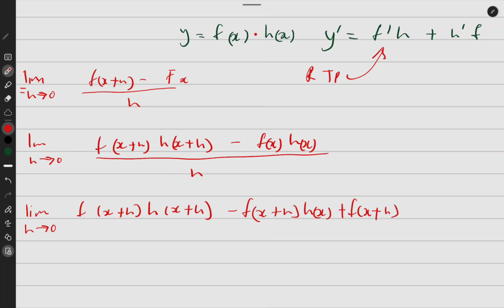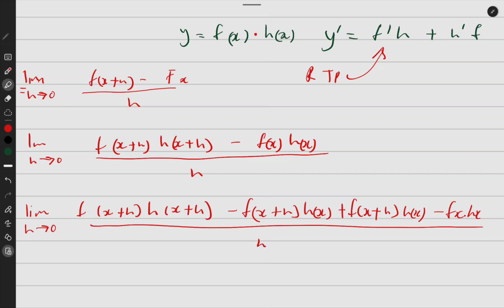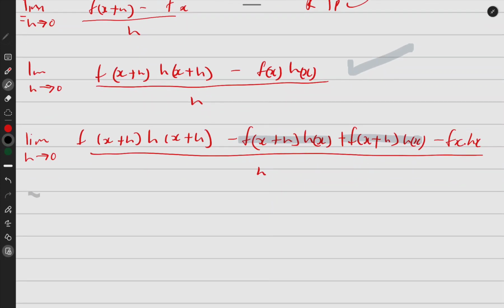Okay, so sorry about that, and we're going to put exactly what is here, then minus f of x, h of x. Okay, so this is still all over h. So the only clever thing that we have done here is adding this term and also subtracting the term. All in all, this thing is the same as this one again. So this changed nothing on the function. So let's start working again.